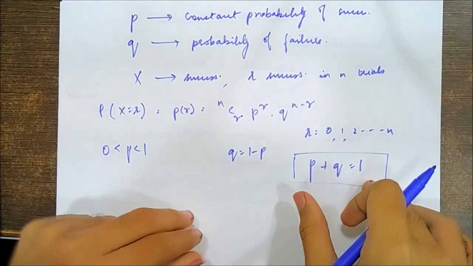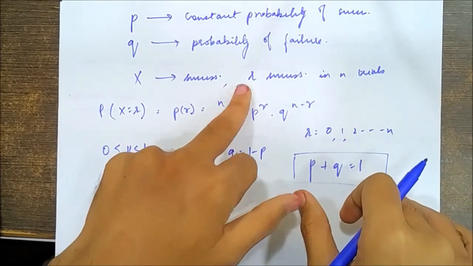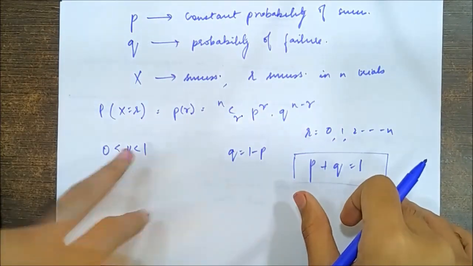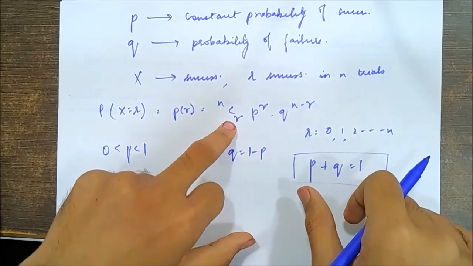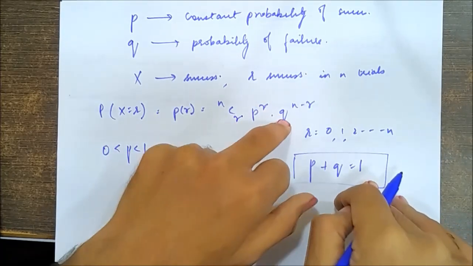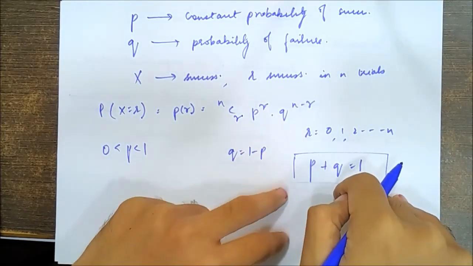We need to remember this. So if there are r successes in n trials, then P(X = r) = nCr p^r q^(n-r).